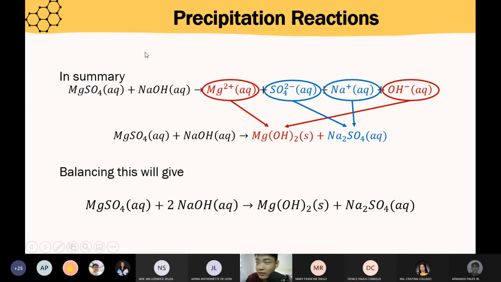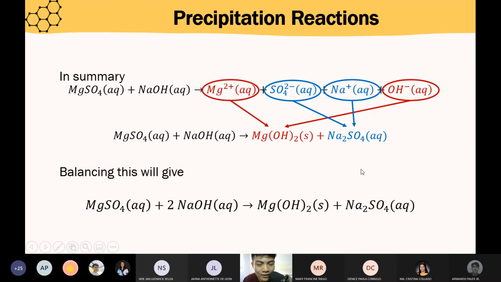Yung inyong reactant, convert them into ions. Pag-switchin mo sila ng partners. And then, yung partners na yon, you check for the solubility rule if they will dissolve. Okay? Pag sila ay insoluble, lagyan mo letter S. Ibig sabihin, solid. Because, yeah, you can collect it. Solid yan eh. Pwede mo yan i-filter paper. Okay?